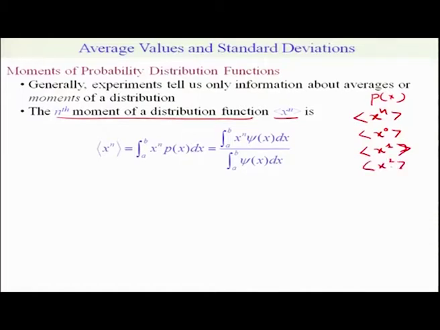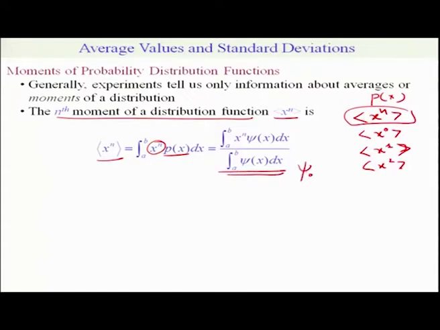So, let me describe this a little later, how we explain this, but let me first come up with the definition of <x^n>. So, the nth moment is nothing but x to the power n multiplied by the probability. It is like a weighted average, but then you are considering x to the power n. So, this is a normalized version, and that is why you are writing x^n psi of x, which is a non-normalized probability distribution, dx divided by the normalization constant.